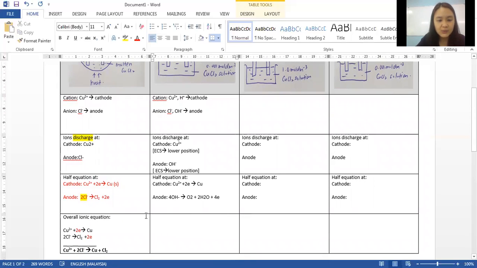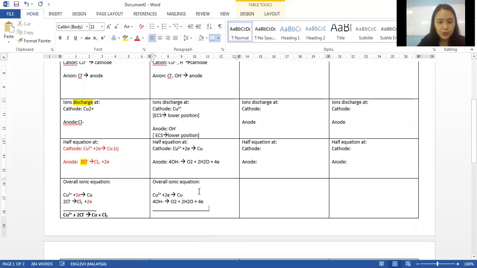Next we do the overall ionic equation. As usual, the overall ionic equation is the combination of both half equations, so I need to rewrite my half equations. How do I combine both of them to become my final answer? Again, the key is you have to cancel off your electrons.